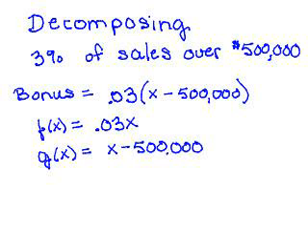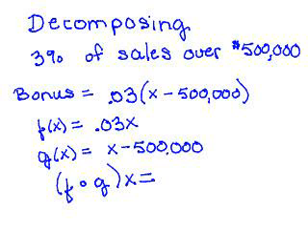Okay, so if we had to write this with the composition notation, we have to figure out, are we plugging the g of x function in for the f of x, or the f of x in for the g of x? So our inside function is what is being plugged into the outside. So the outside function is the last thing we do, which is take the 3%. So we're looking for f composed of g of x.